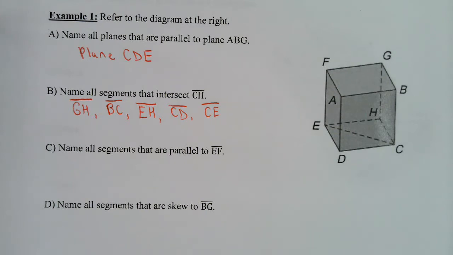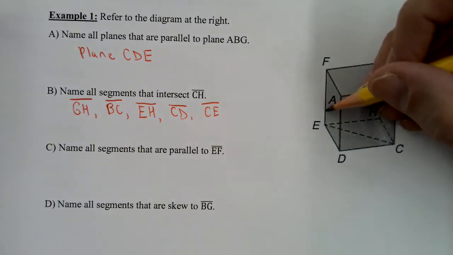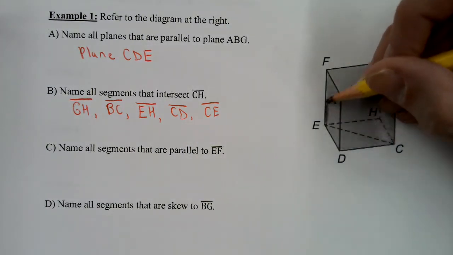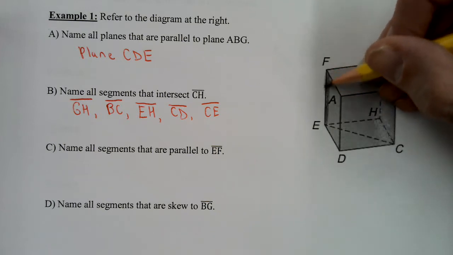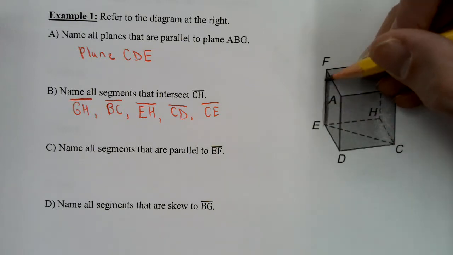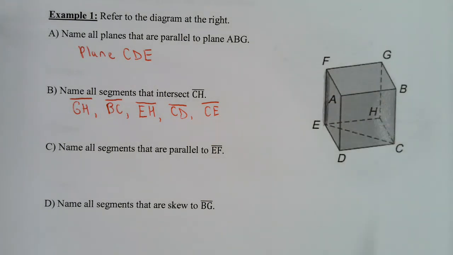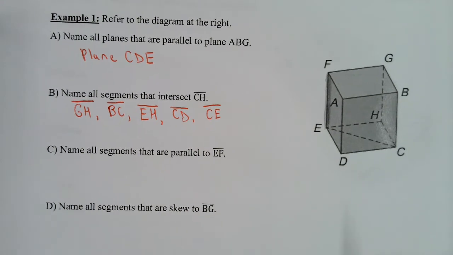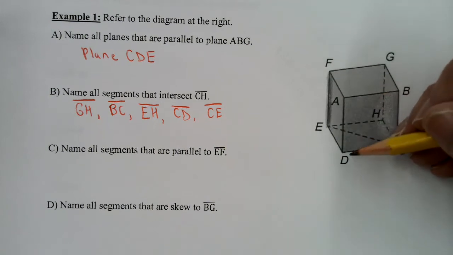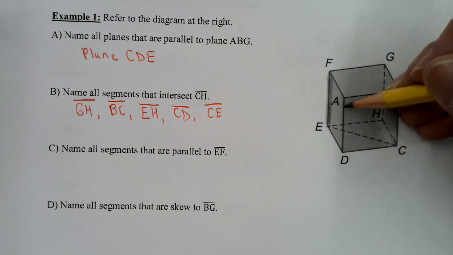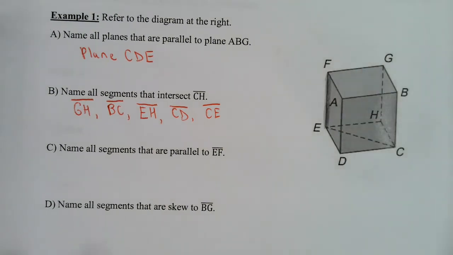Okay, part C. Name all segments that are parallel to segment EF. I'm going to color in segment EF just to help us see the answer. Well, we have AD. AD is never going to intersect EF, so we'll go with AD.